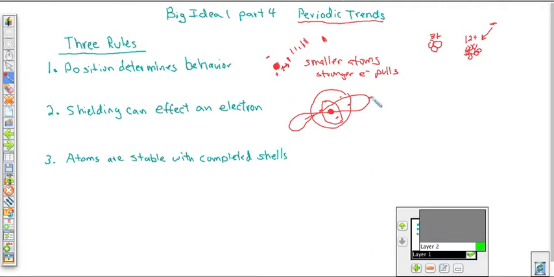Well, this electron right here is attracted and staying here because of this positive nucleus right here. But these electrons are closer to the nucleus, and they're negative, and so what they're going to do is essentially shield the pull of the positive nucleus right here. So they're going to cause this to not have as much of a pull toward this because these are negative and they're shielding the positive charges.